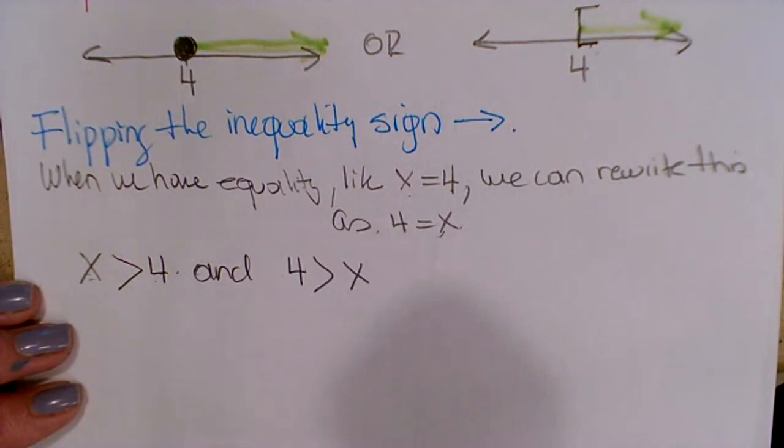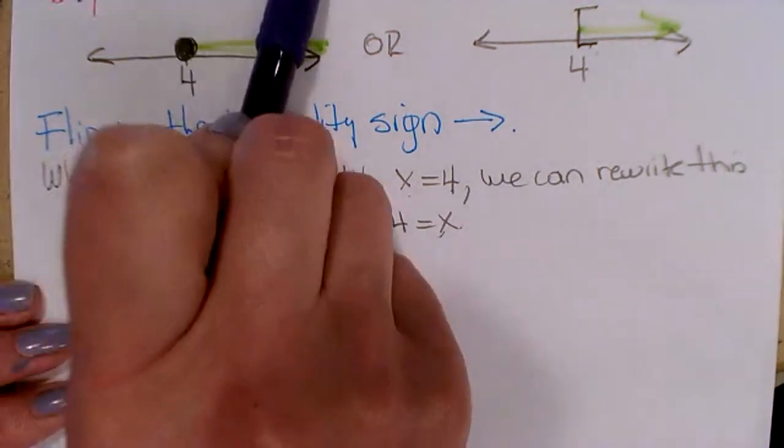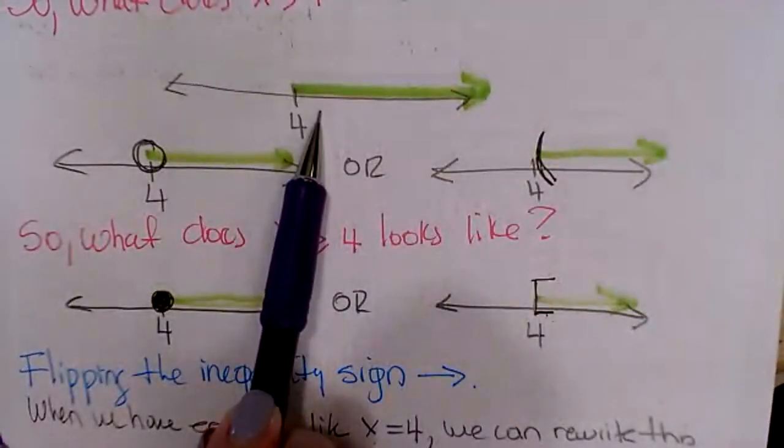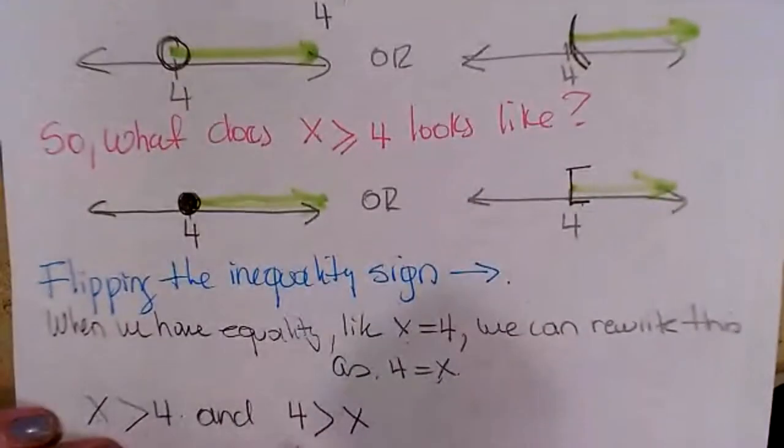Okay, it's not the same. So we have seen x greater than 4, which is this one, right? This is the graph. Now, let's graph this one.